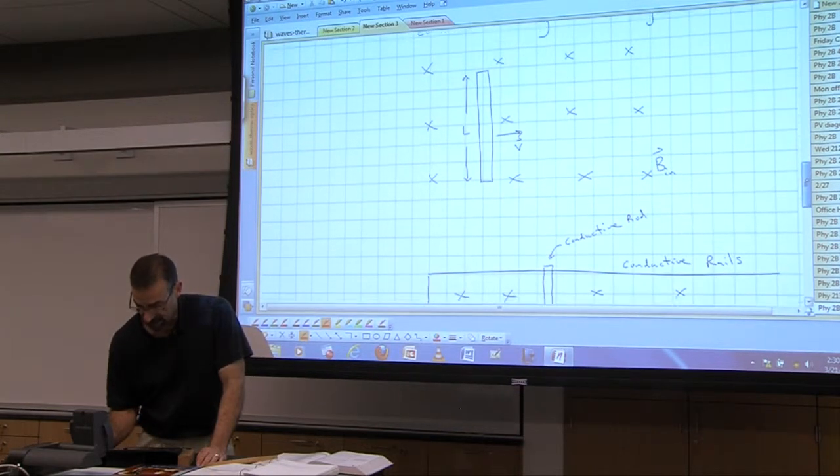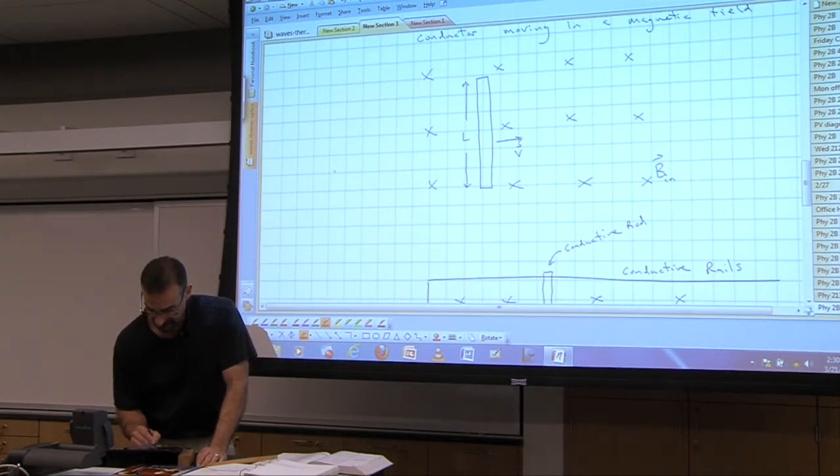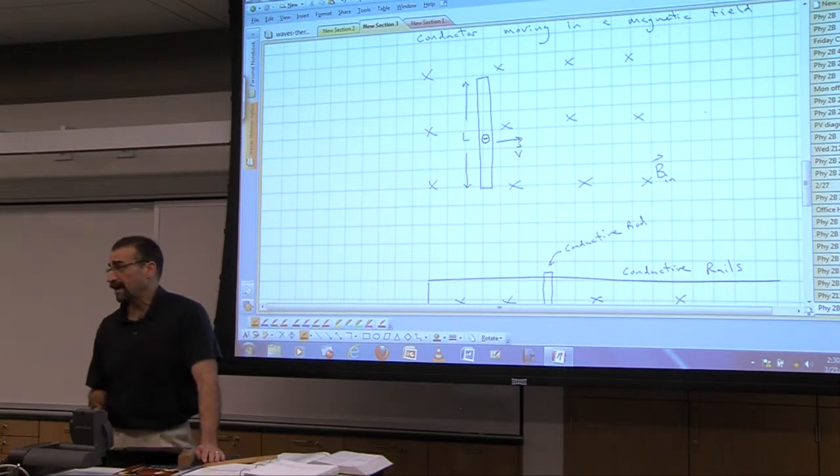Let's say the electron. There's an electron moving to the right, magnetic field's into the page.